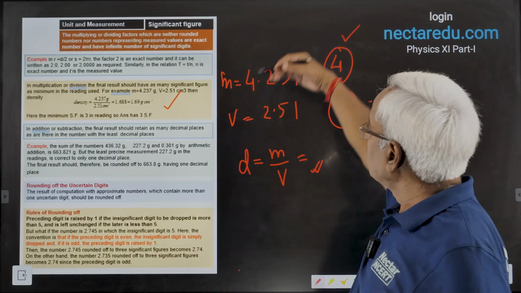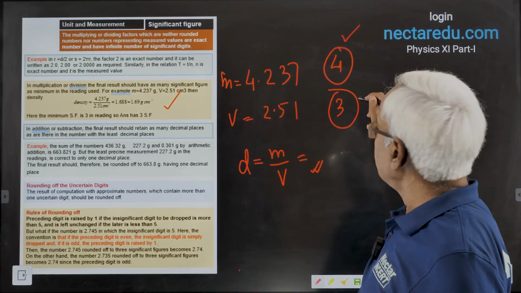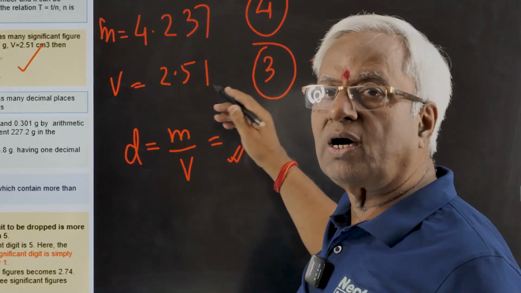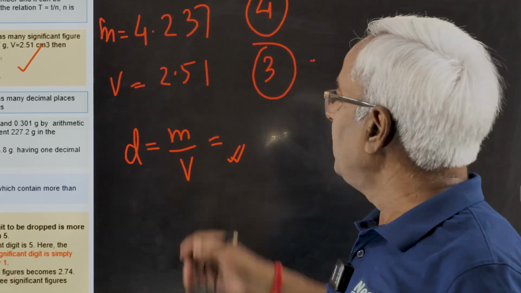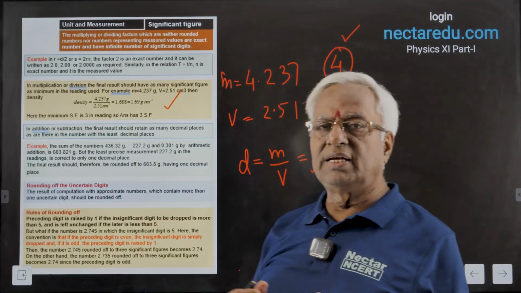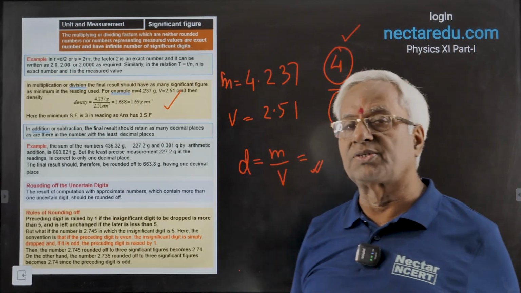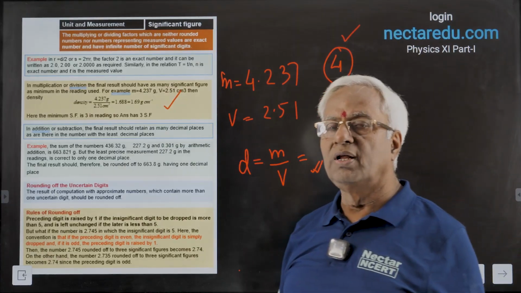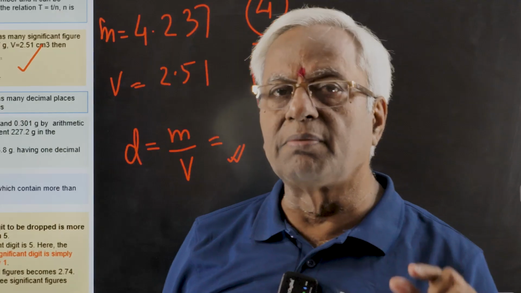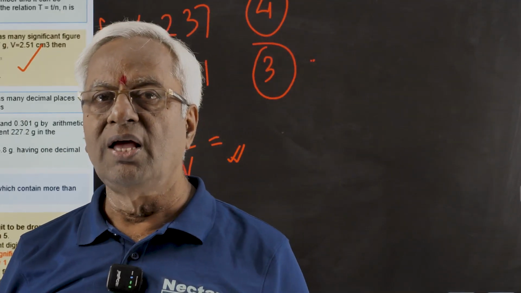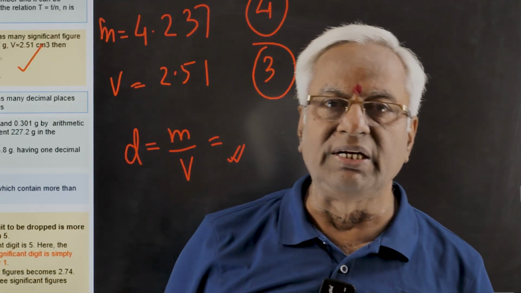Why? Because in the readings, minimum SF is 3. So the answer shall also be in 3. Similarly, if we try to find any result by multiplication, the same rule applies: the result shall be in the minimum number of significant figures as in the readings.